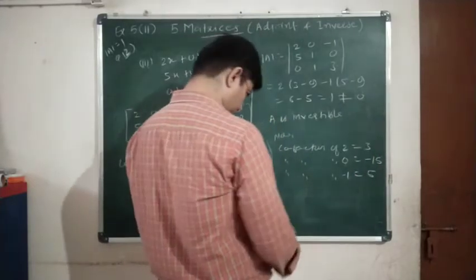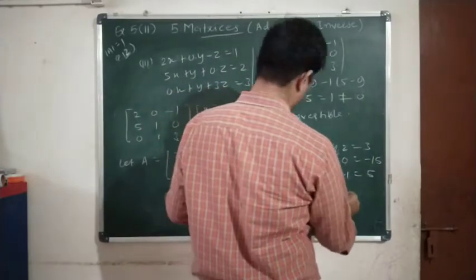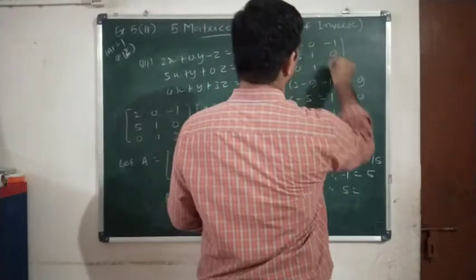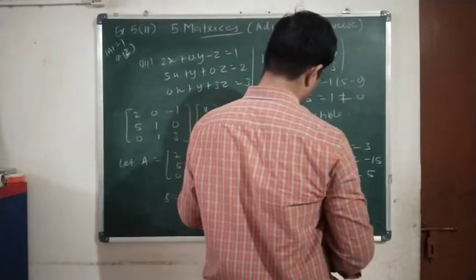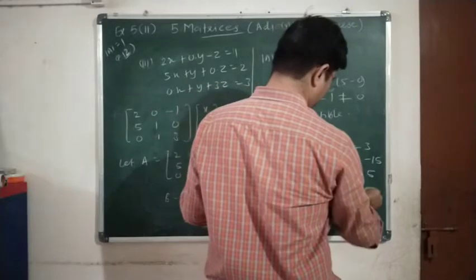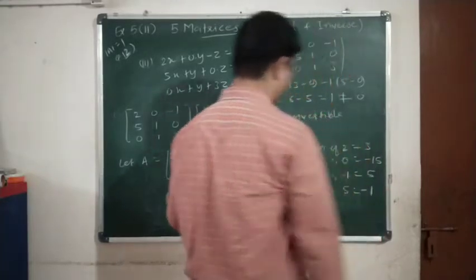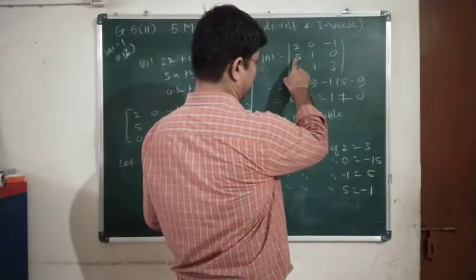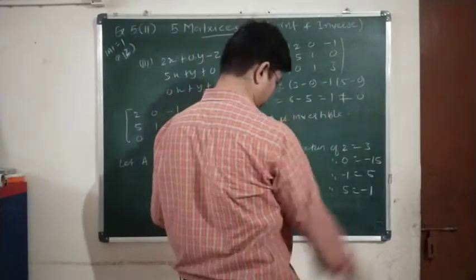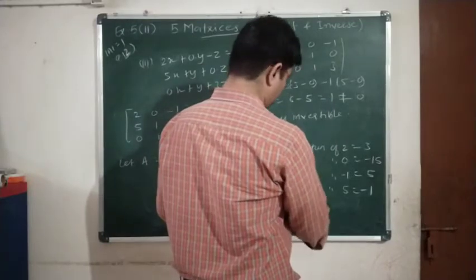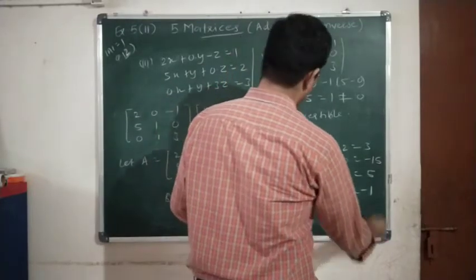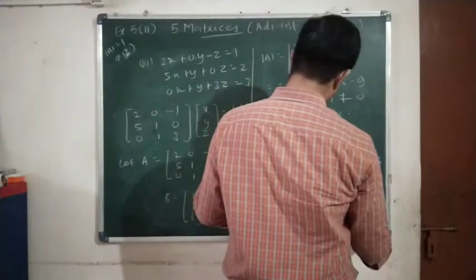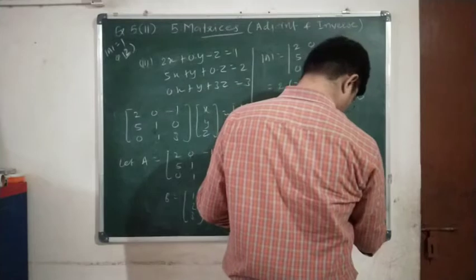Yes or no? Again cofactor of 5, second row now, 0 plus 1, but ultimate sign will be minus 1. Yes or no? Because sign convention in the second row is minus plus minus. Okay, again cofactor of 1 will be 3 into 2 is 6, so plus 6, yes or no?